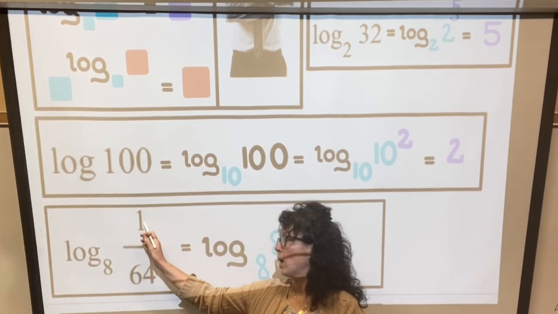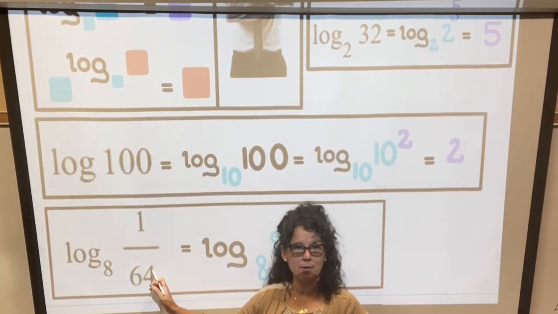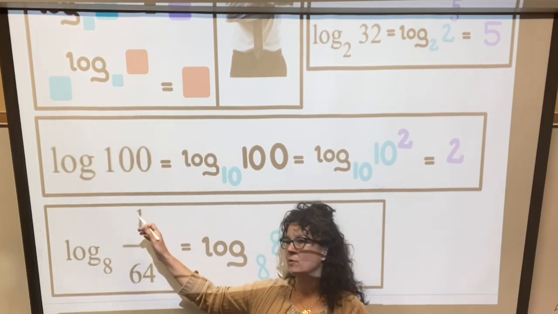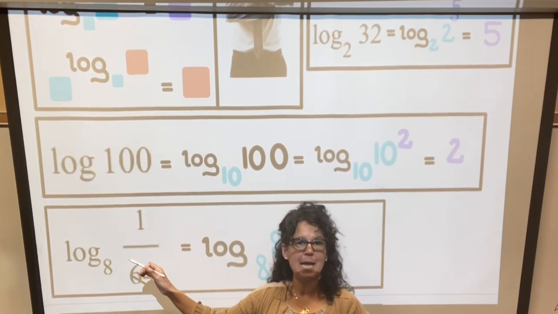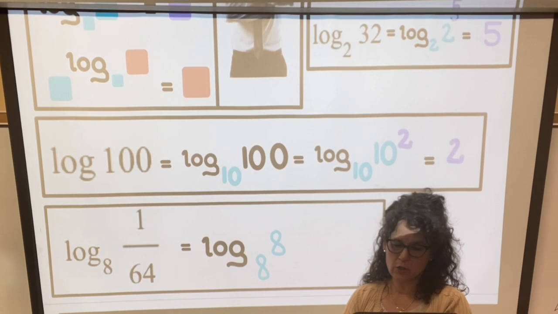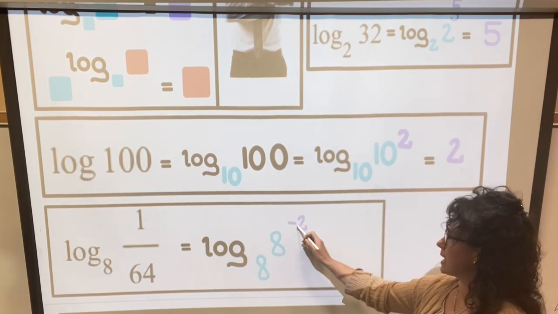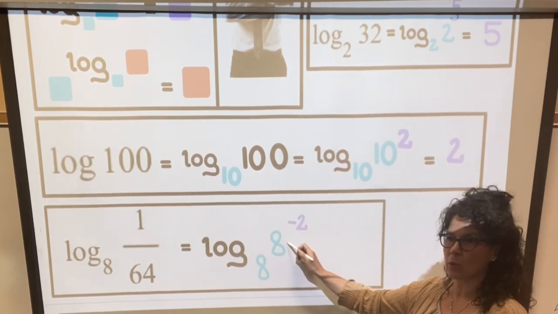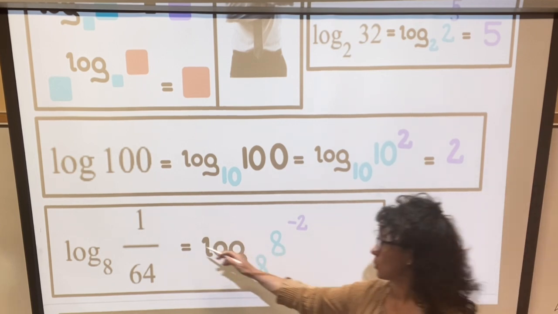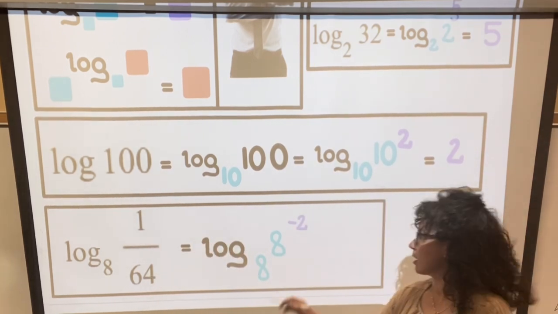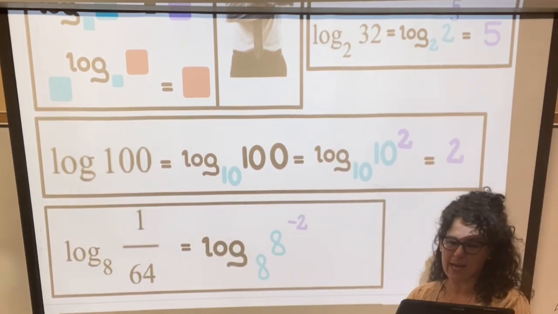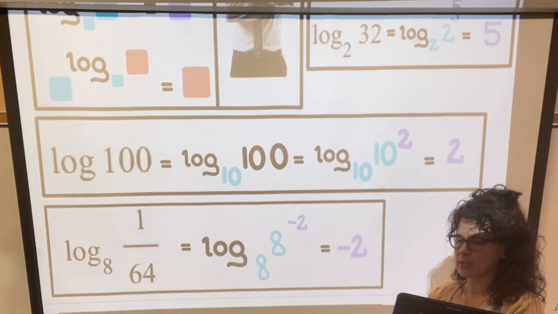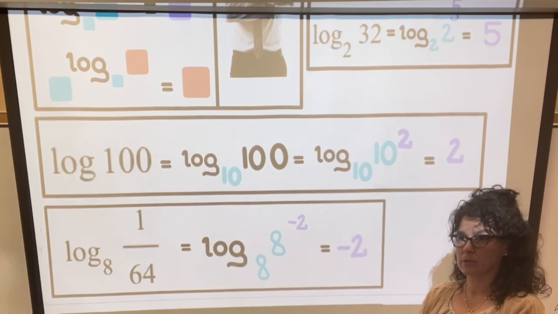So if you have 1 over 8 squared, if I want to move that to the top, it's going to be 8 to the negative 2. 8 to the negative 2 is 1 over 8 squared, and 1 over 8 squared is 1 over 64. So now that those bases match, the answer is negative 2.